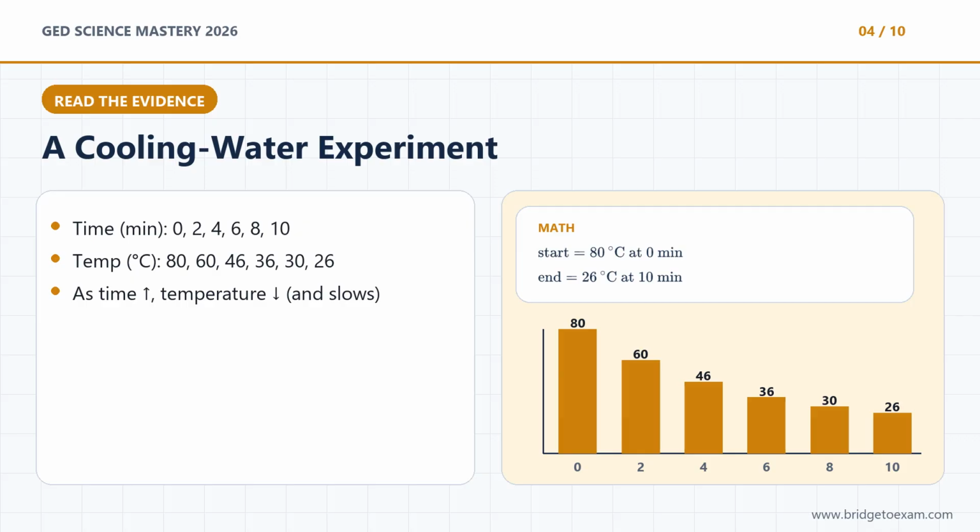Then 46, 36, 30, and finally 26 degrees at 10 minutes. Read the shape out loud. As time goes up, temperature goes down. And notice something. The bars fall fast at first. Then the drops get smaller. That flattening is the graph telling you the cooling is slowing down.